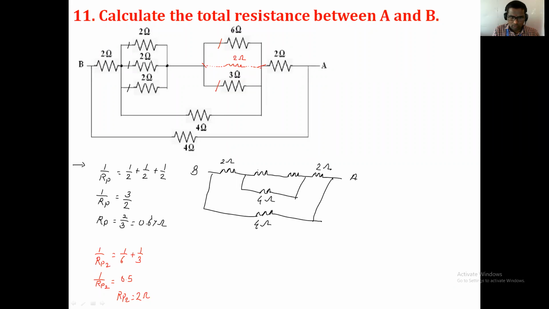This one is the total resistance of the 2 ohm resistances, which is 0.67, and this one is 6 and 3, which is 2 ohm.